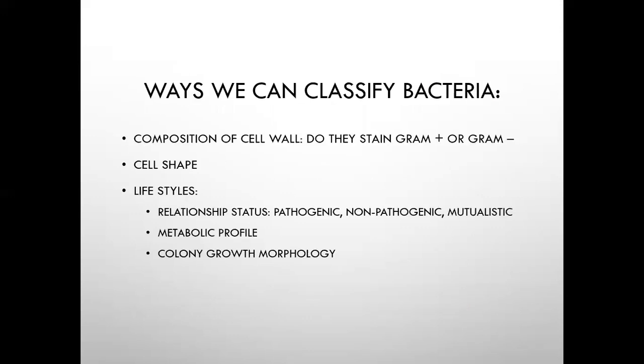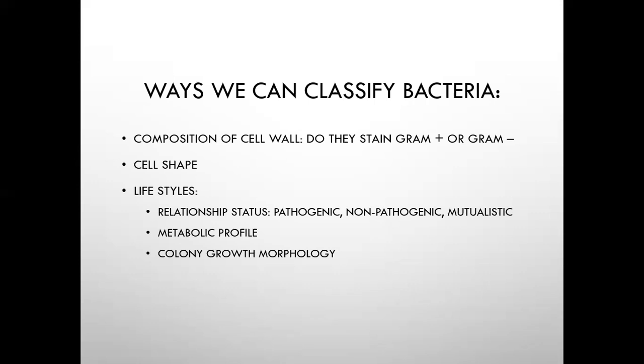Right, and the first is how we can classify them. So we've got this huge amount of diversity, and when we look under a microscope, they're really tiny, so we don't see much. So we can use a few different ways to classify them. The first is gram stain. Are they gram positive or gram negative? Okay, if you don't know what that means, that's fine. We're going to talk about that. Their cell shape.